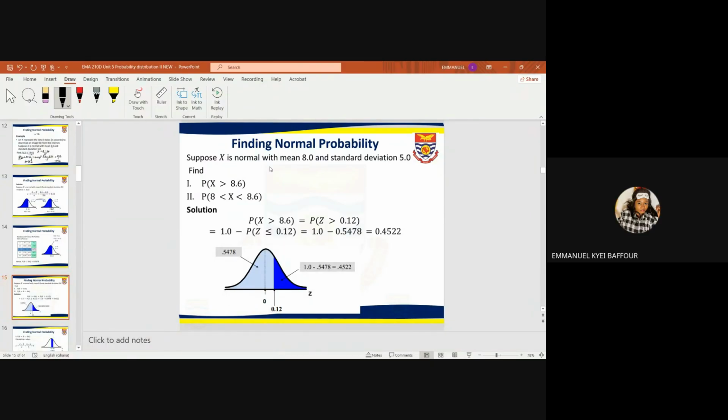Because that will guide you to know where your z-score lies. There are situations whereby you have two tails, either to the left or to the right. So if you draw, it will give you a clearer picture or idea about where you are likely to calculate.